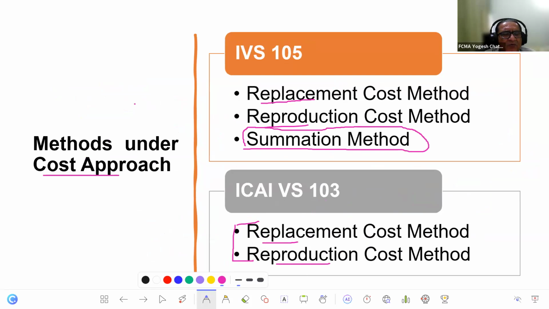If I give 1 or 2 examples, it is used for valuation of a group company. A group company consists of a principal company and subsidiary companies, and you will appreciate that the characteristics and business model of the principal company and the subsidiary company will be different, and therefore will need separate valuation.